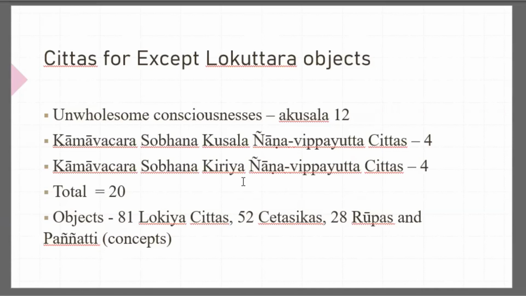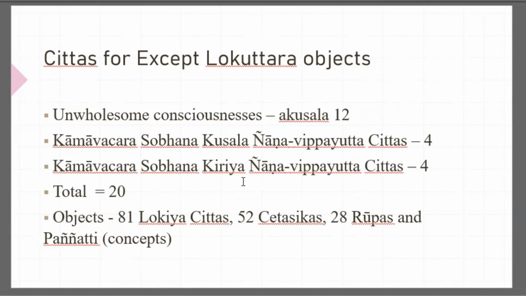Sometimes when someone gets angry or is jealous of others' knowledge or wisdom, at that time, Dosamula Citta takes others' wisdom as its object. So similarly, we can think in various ways.